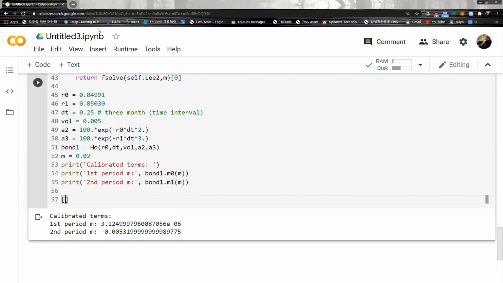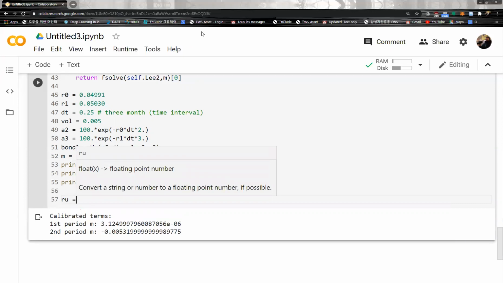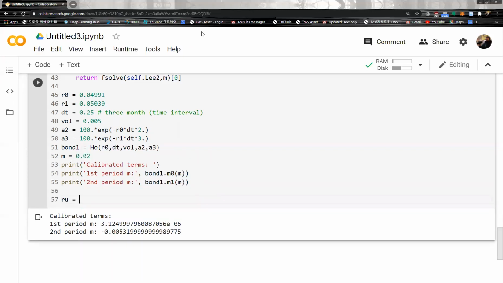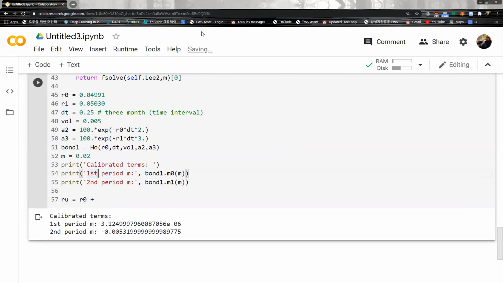First line is okay. So we have R0 and R1. So of course we have R0 and RU equals R0 plus, okay, so bond 1 M0 over M multiplied by dt, right?